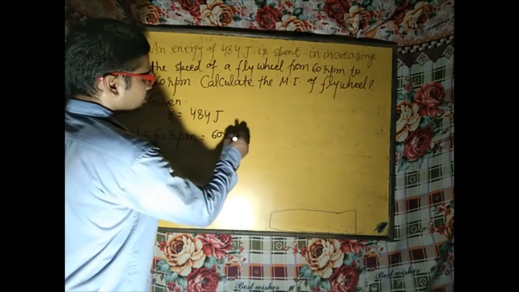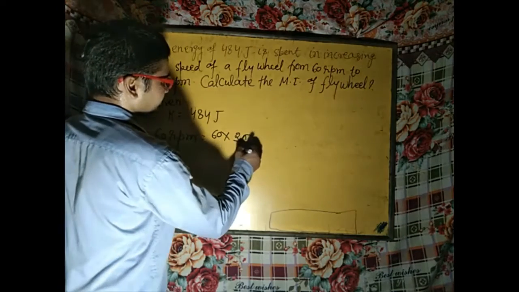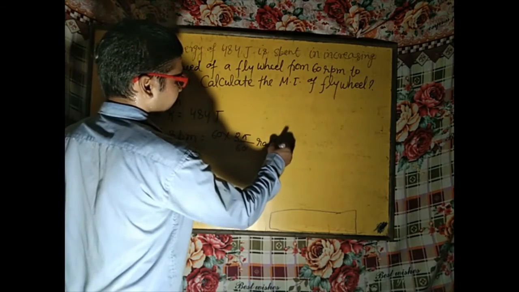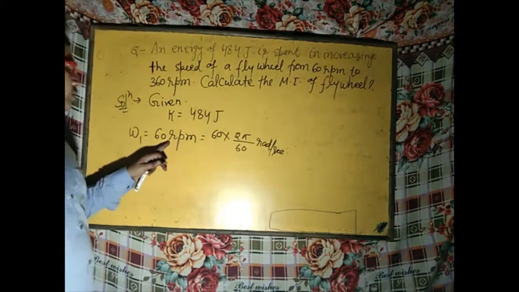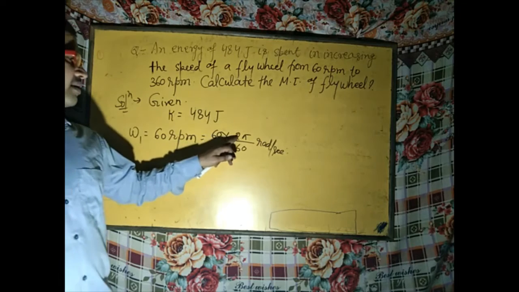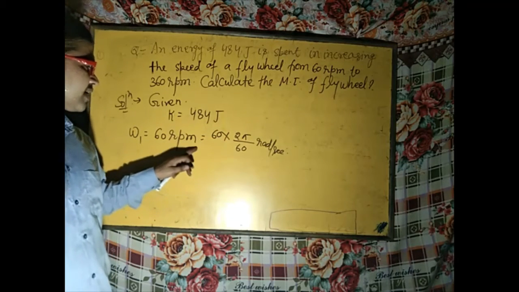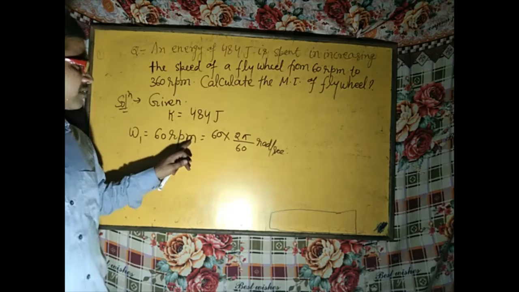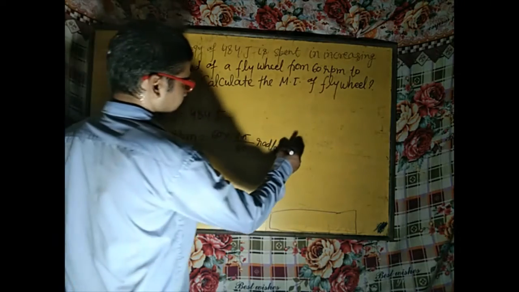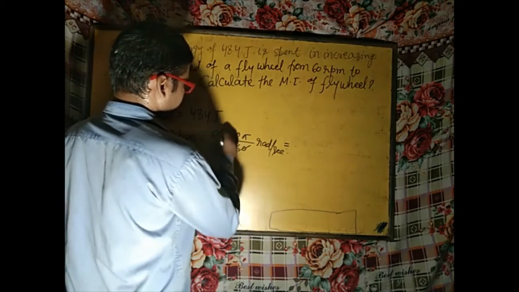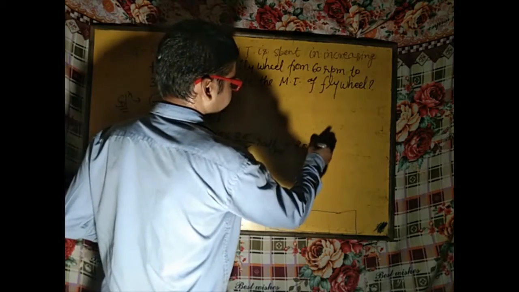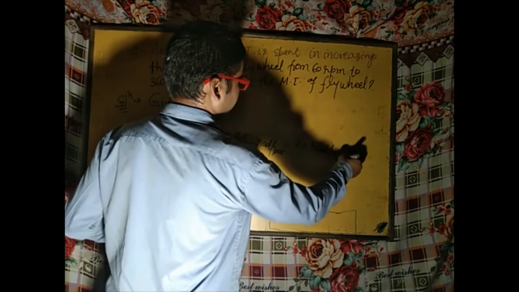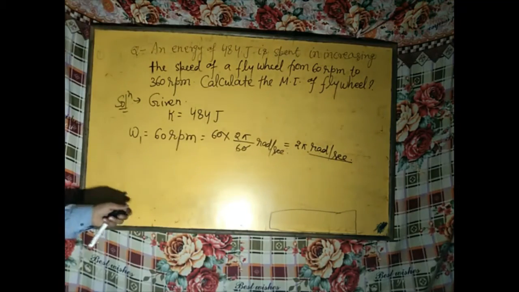So we can change this into radian per second by multiplying 60 into 2 pi by 60, this will be radian per second, because in one complete rotation the total angle in radian is 2 pi, and for second, this minute is converted into second by dividing 60, so it is equal to 2 pi radian per second. So you can see here this one is 2 pi radian per second.